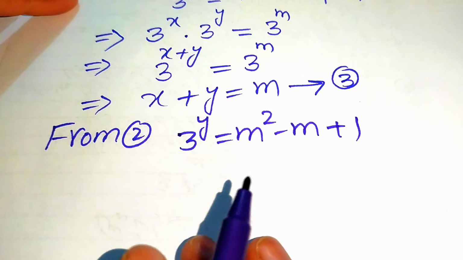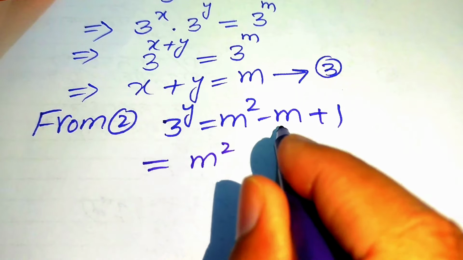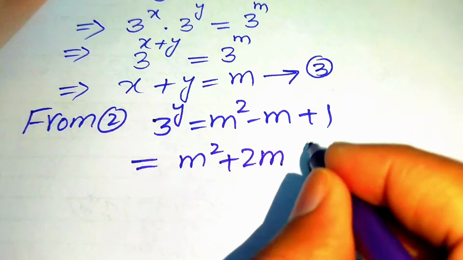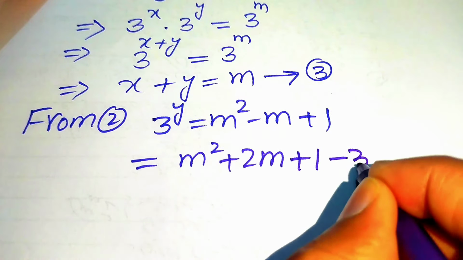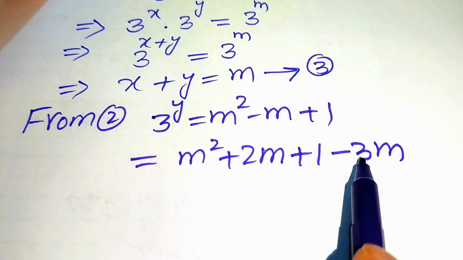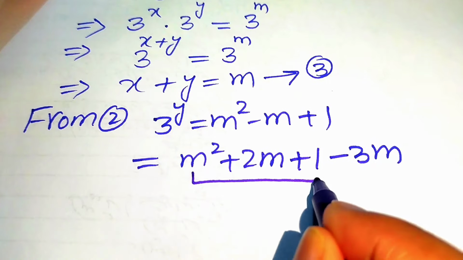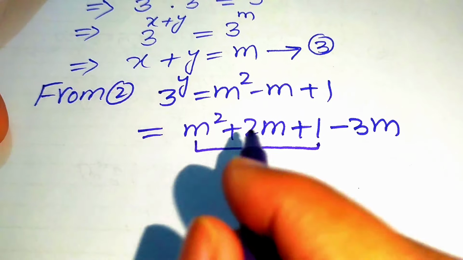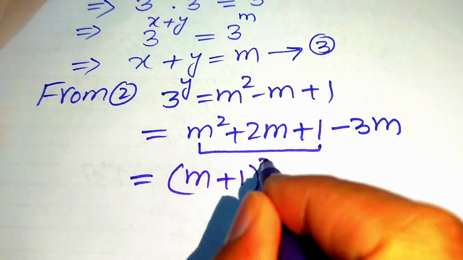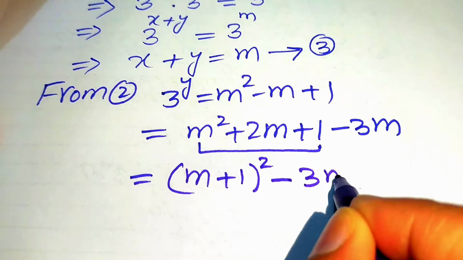In the next step we rewrite this equation: we break up this minus m term and write it as plus 2m and minus 3m, since 2m minus 3m equals minus m. Now we focus on these terms, and you see it is the complete square of m plus 1, and this is written as minus 3 times m.